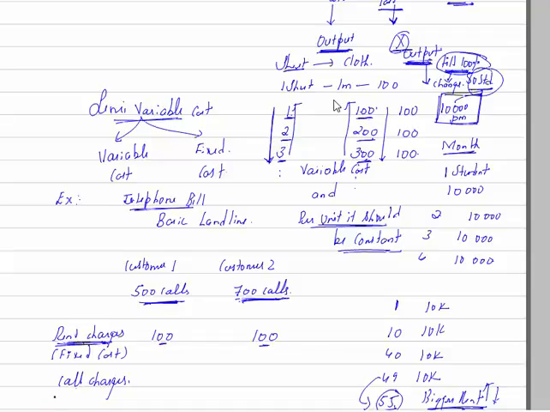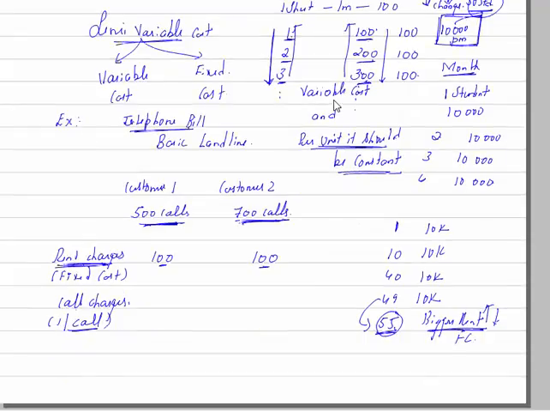Next, call charges. Let us take call charges as rupees 1 per call. Customer 1 has made 500 calls, so call charges will be 500 rupees. Customer 2 has made 700 calls, so call charges will be 700 rupees. So the total bill amount is 600 rupees for customer 1 and 800 rupees for customer 2.